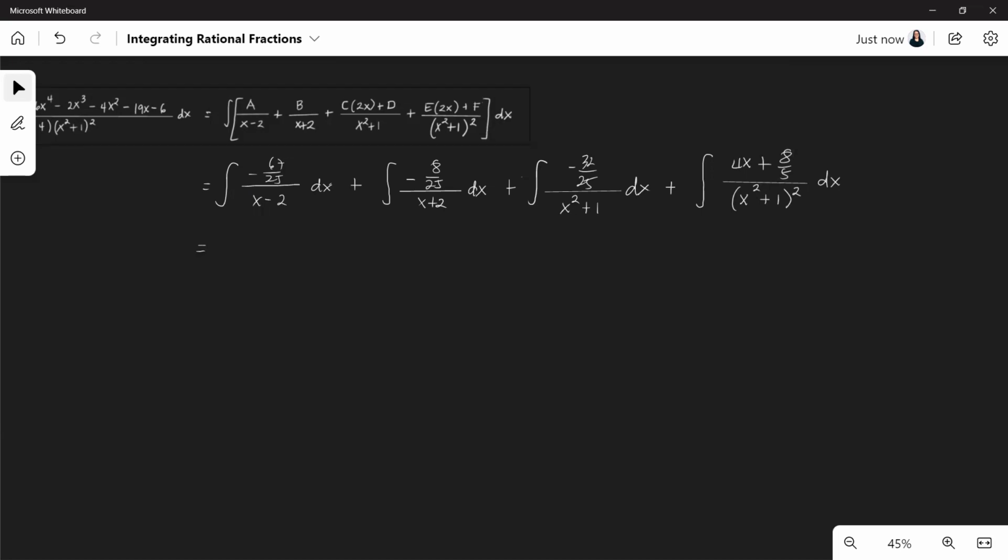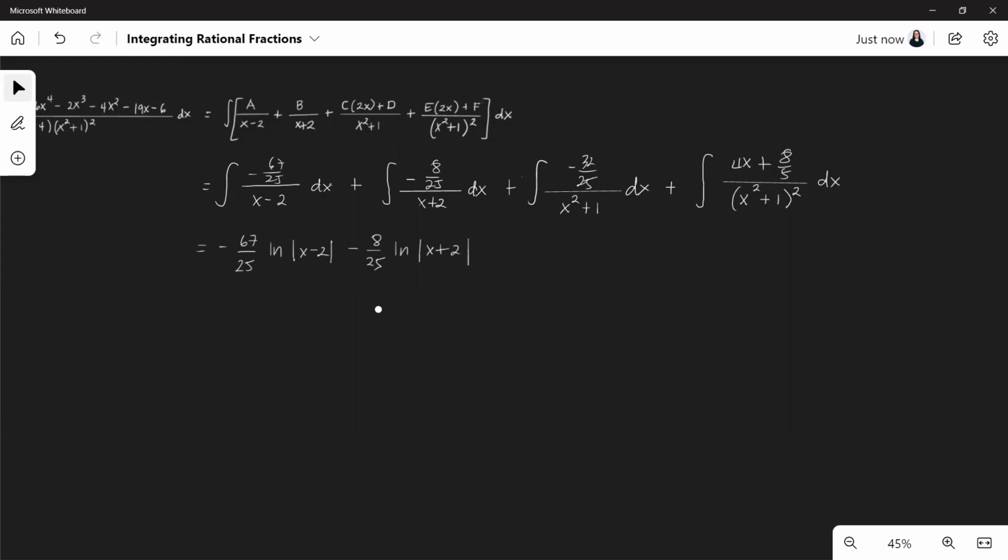Meaning we can have it in the form du over u. So just put the constant here and then ln of x minus 2. For the second term, similar to the first term, that's negative 8 over 25 ln of x plus 2.